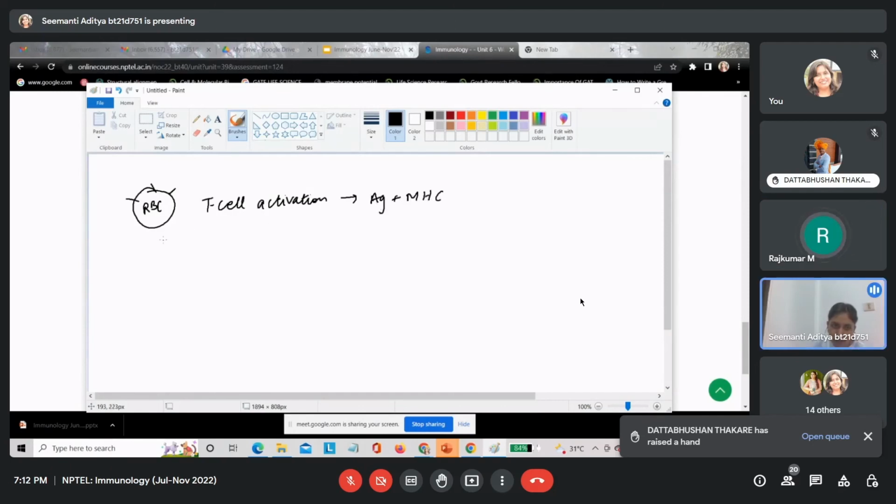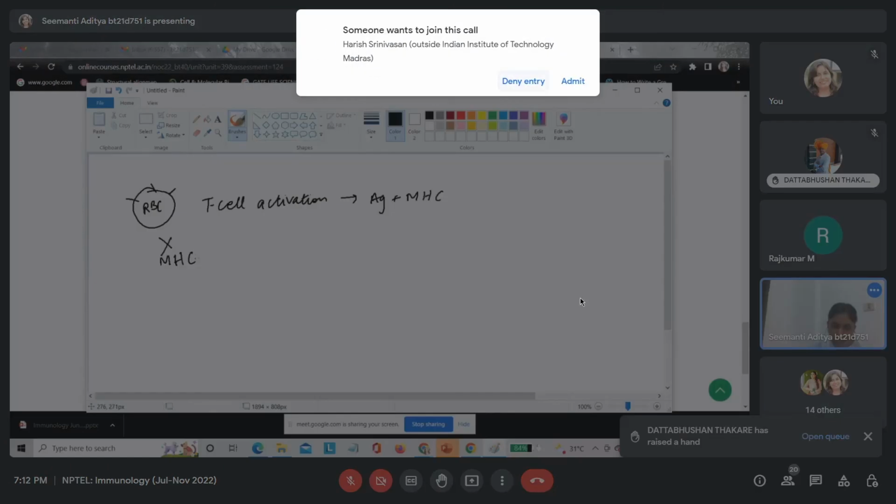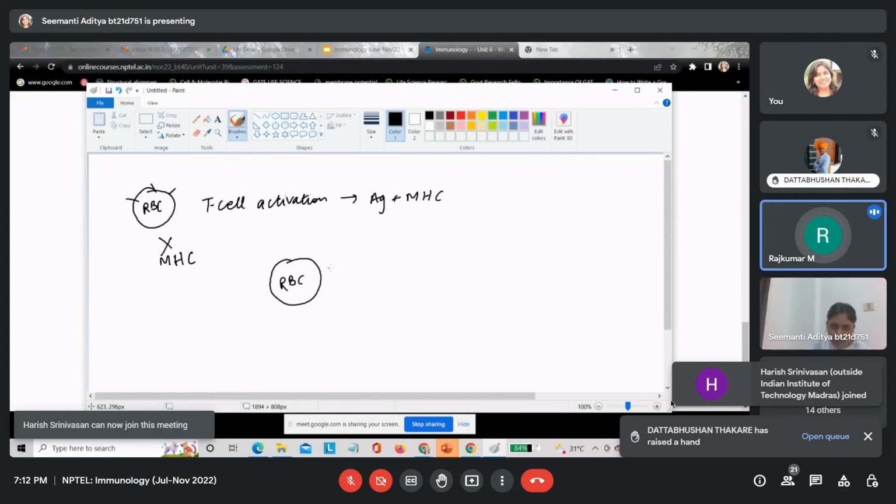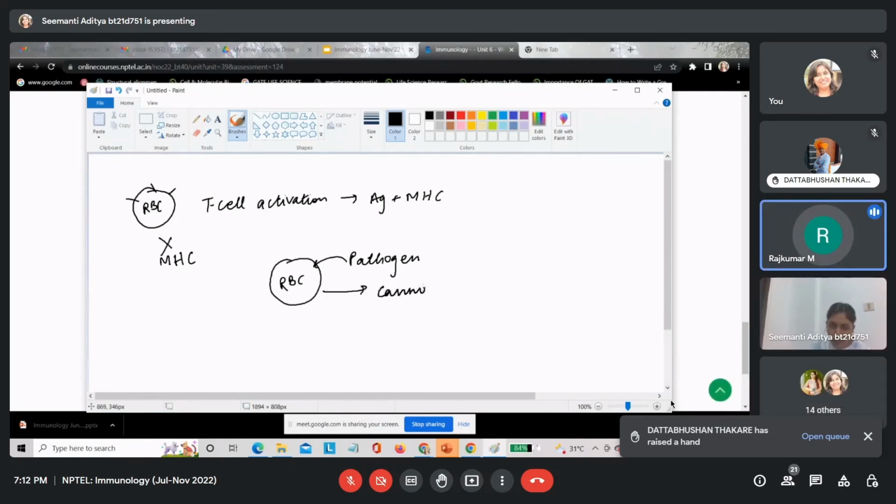Now RBCs do not have an MHC molecule, as a result of which any pathogen that attacks an RBC cannot present its antigen to any kind of T cell.